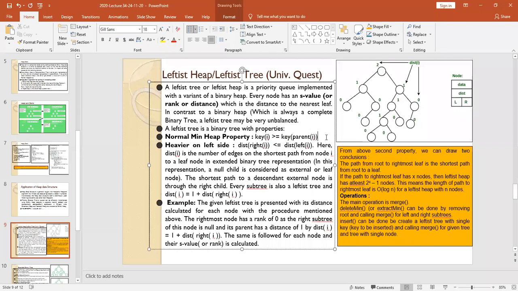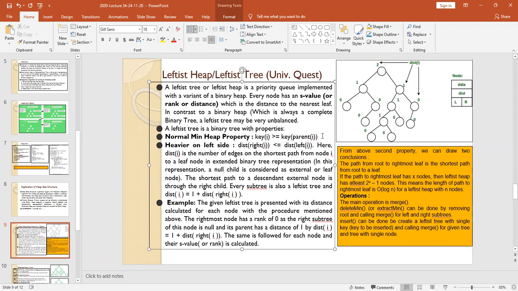Keep in mind that in a min heap the parent will be lesser than the children, and you may have a left child as well as a right child. On the left side it will always be less, and on the right side it will always be more. Keep this in mind.